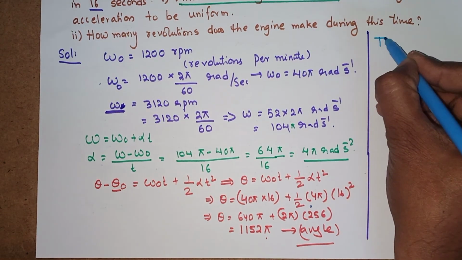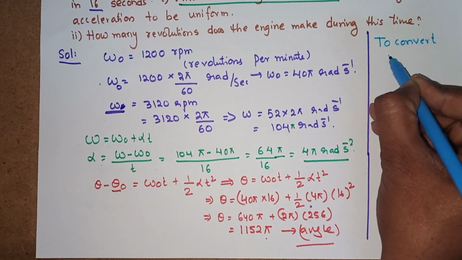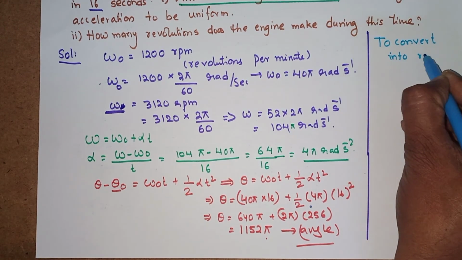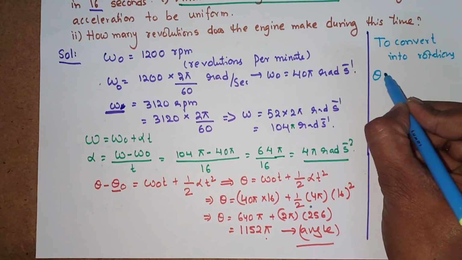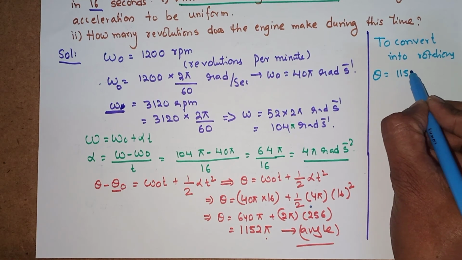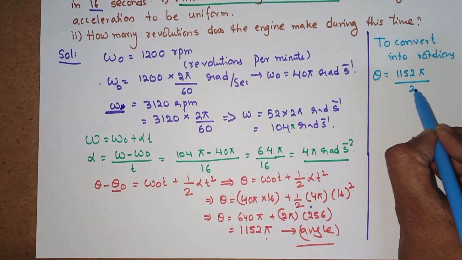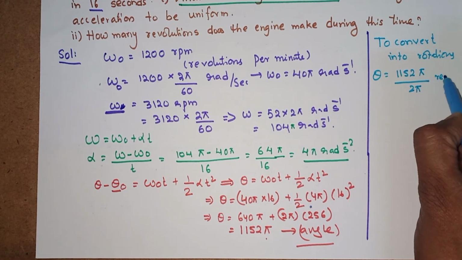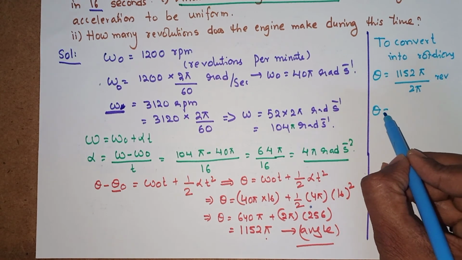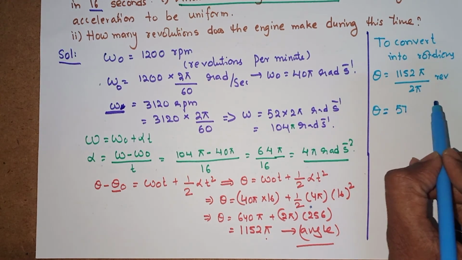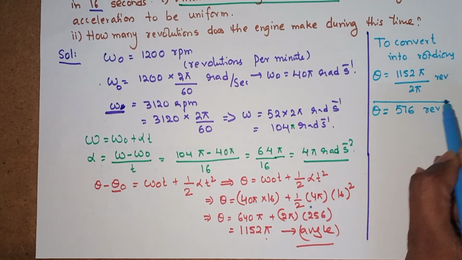To convert into rotations, theta is equal to 1152 pi divided by 2 pi. This is called the number of revolutions. How do you get it? Simply 576 revolutions or rotations.